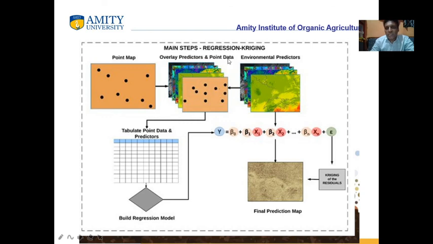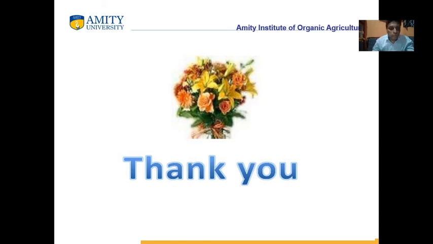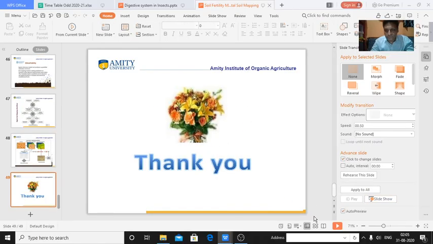The third is that with the help of environmental predictions, a tabular form of data is created, and in the next step, regression equations are drawn, like y equals mx plus c, or y equals beta 0 plus beta 1 x1 plus beta 2 x2 plus a constant. Only after the regression equation are we able to find the final map, and the final map is prepared after drawing the regression models. So now we are open for discussion.